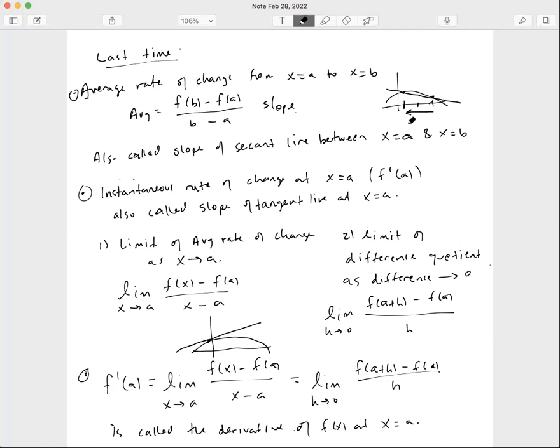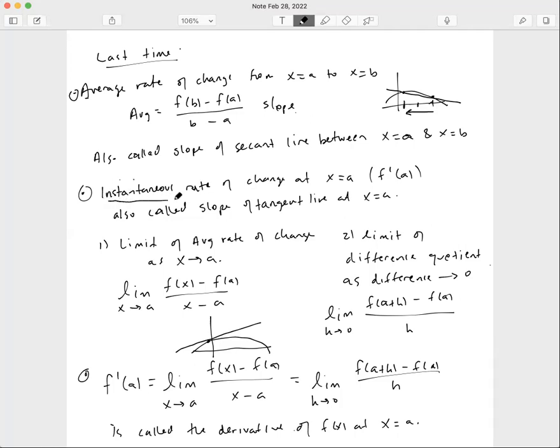But as you bring them closer and closer together, your average rate of change is getting closer and closer to essentially 1 point. So with limits, we're able to jump that gap.